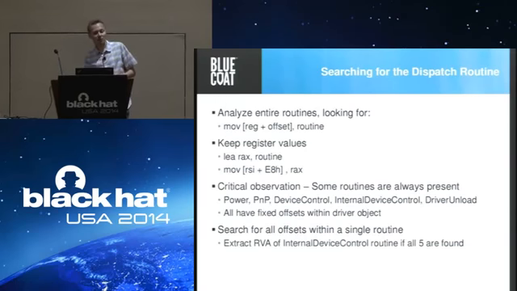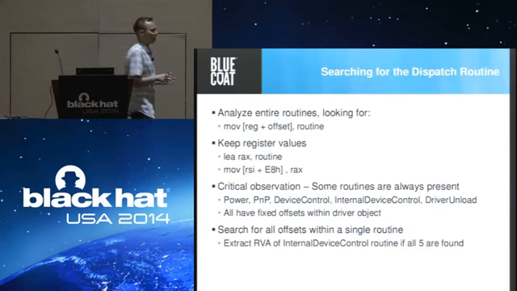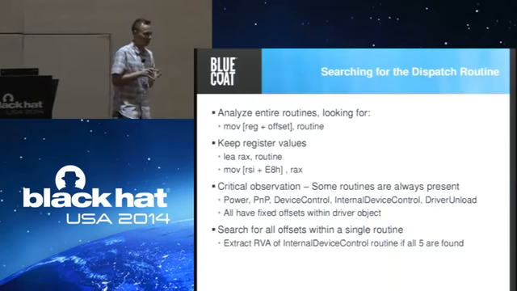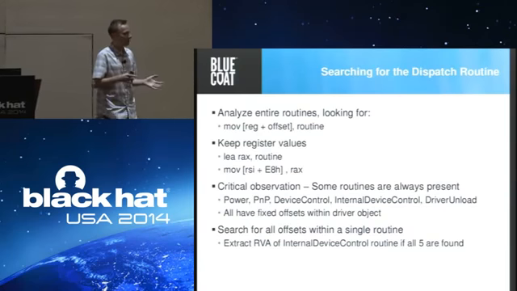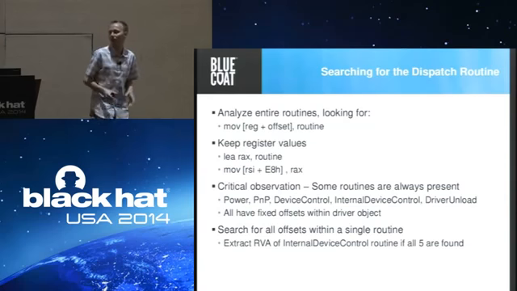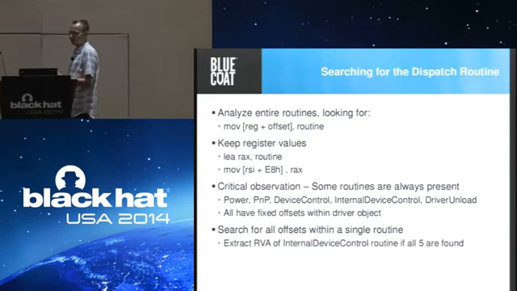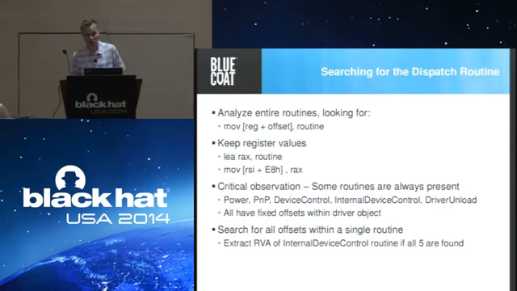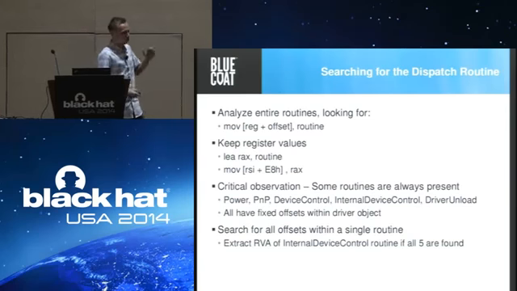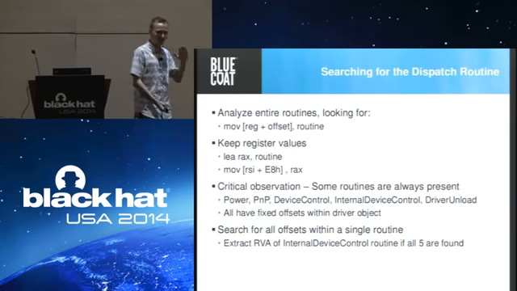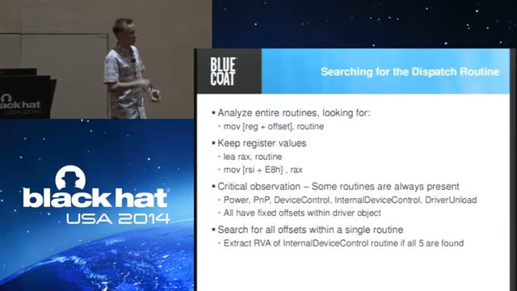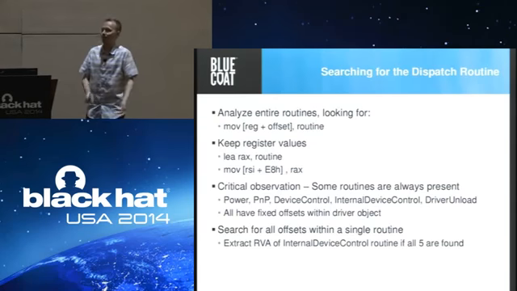The critical observation is that there are at least 5 dispatch routines that will always be present, and these will all have the same offsets every time. So it's power, PnP, device control, internal device control, and always driver unload. All drivers will have that. So we search for all 5 of those offsets with a corresponding dispatch routine within a single routine.